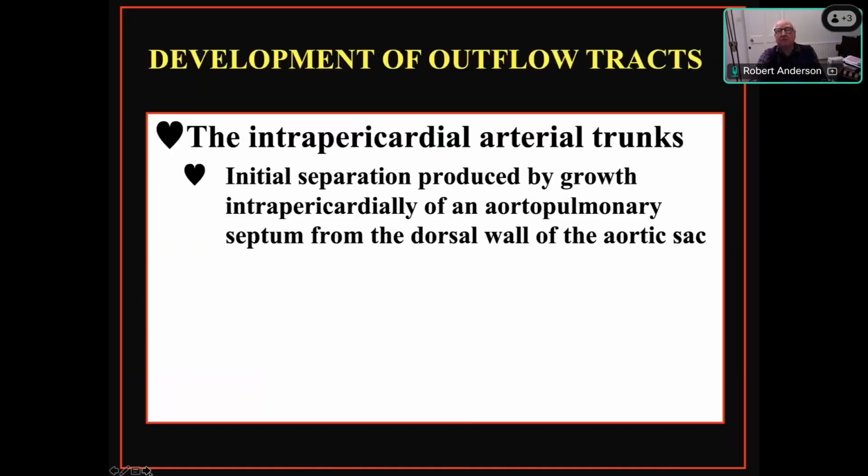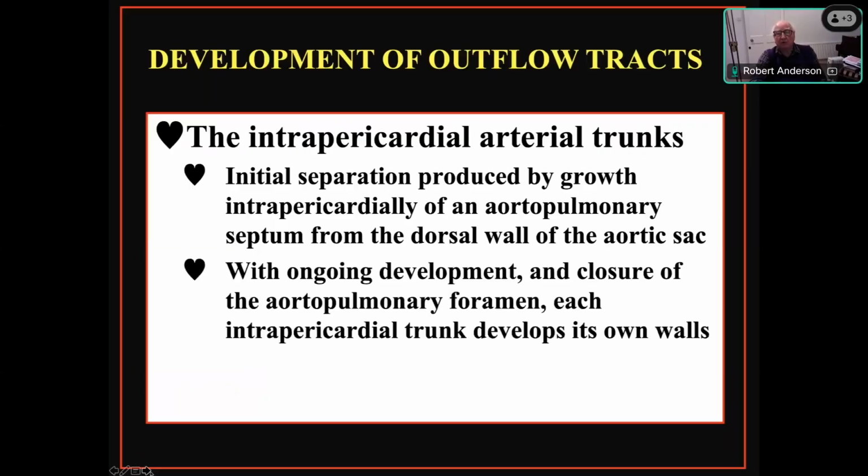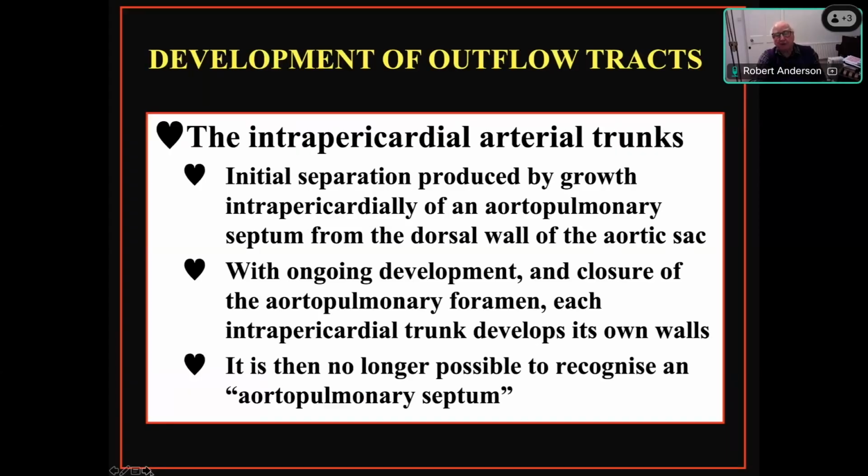And it is closed by ongoing growth of that aortopulmonary septum, which initially originates from the dorsal wall of the aortic sac. And with closure of the aortopulmonary foramen, the myocardium continues to regress, giving us intrapericardial trunks, each with its own arterial wall, because the non-myocardial tissues growing in from the second heart field have replaced the myocardium in that initial fish mouth regression.